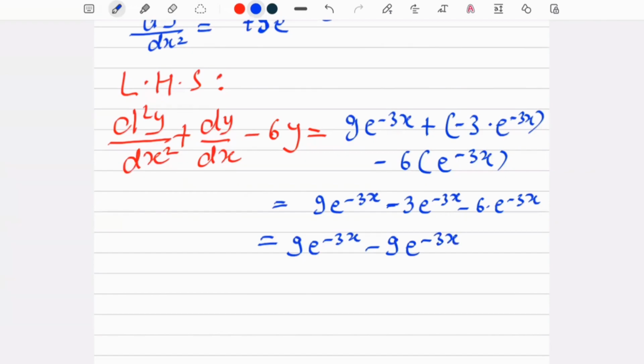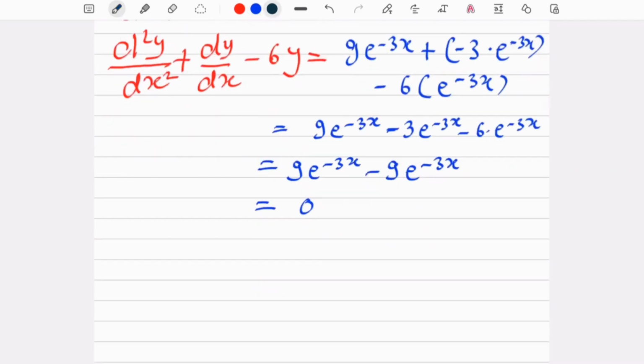Here we can take e raised to minus 3x common now. Yes, definitely. Or you can just take e raised to power minus 3x common, and it will be 9 minus 9, that is 0. So it will be 0. Yes, sir.